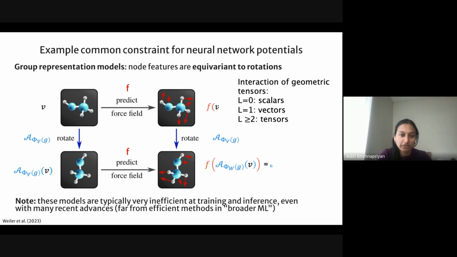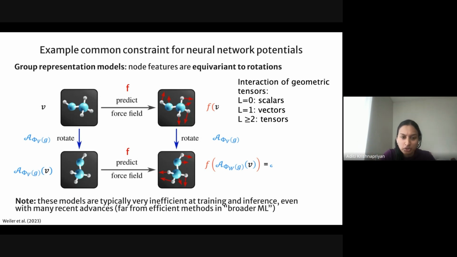This is a nice figure from Maurice Weiler showing equivariance: you rotate some molecule, you rotate the inputs, you predict the forces, and the outputs should rotate predictably, like the force vectors in this case. Typically these geometric tensors are interacted in the model and defined by the rotation order L. L equals 0 gives invariant features, scalars; L equals 1, vectors; and so on. As you go to higher L, you get higher order tensors.